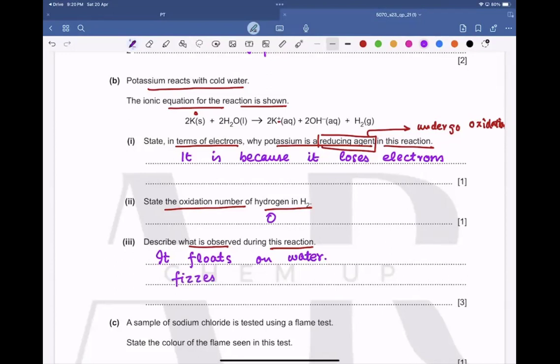Fizzing, and what else have you guys written? And further, due to the heat, as the reaction is exothermic, we observe that potassium melts.